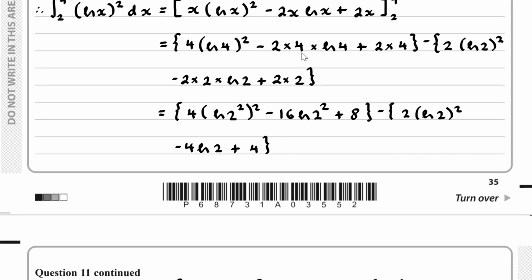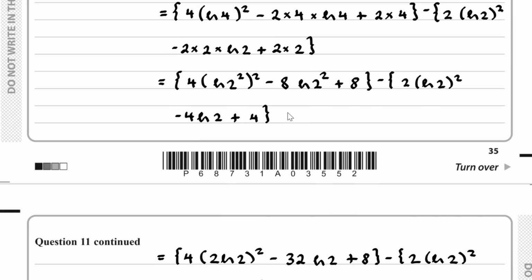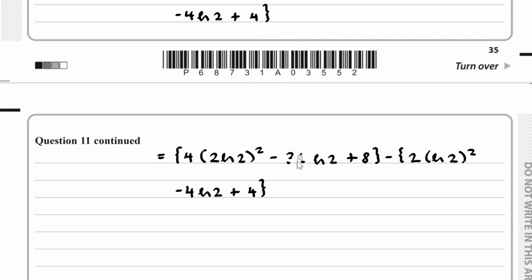Rather here, there was a slight mistake. 2 times 4 is 8, and over here we would have 16. Now 4 times 2 squared, that's 16. So we've got 16 lots of natural log of 2 all squared. That comes from the fact that we've got 2 squared, which is 4, timesing that by 4, we get 16.